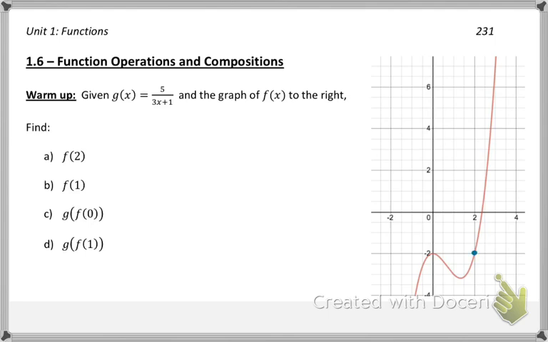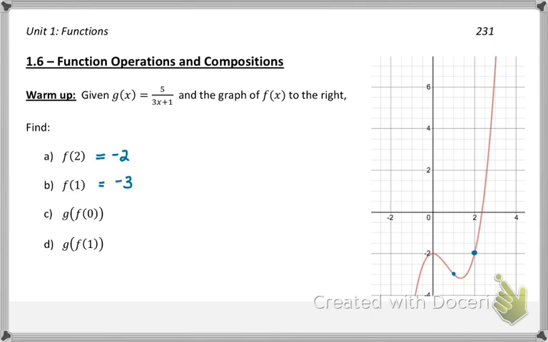So f of 2 is negative 2. And f of 1, when x is 1, y looks like it is at negative 3. So f of 1 is negative 3.